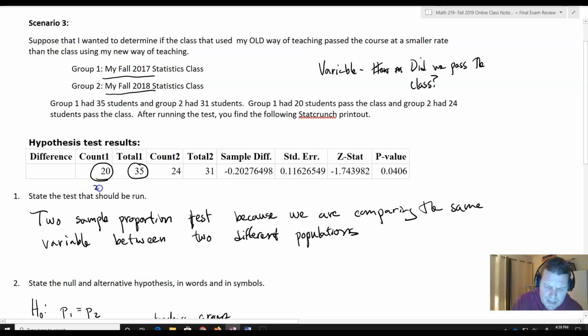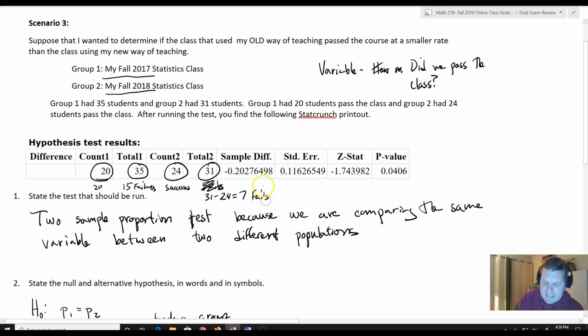So that means 20 successes and 15 failures for group 1. In the second group, we got 24 successes and, oh excuse me, not 31 fails, but only 7 fails. 31 minus 24 equals 7 fails.